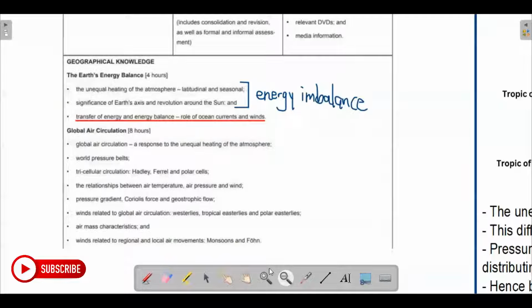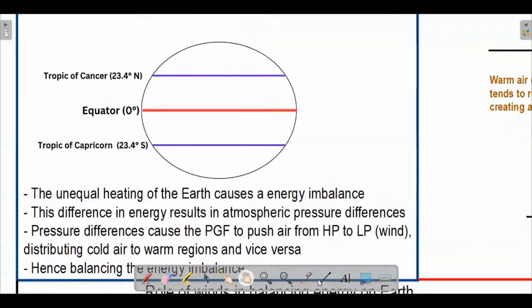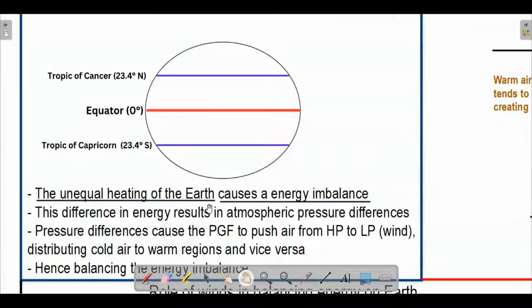So again, guys, in the last video, we said that the unequal heating of the earth causes an energy imbalance. We talked about the sphericity of the earth, it being nearly spherical and hence not equally heated.